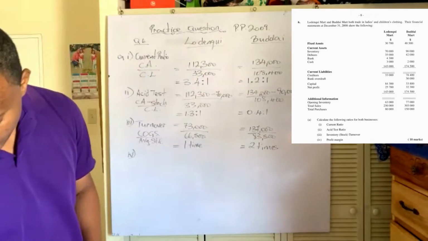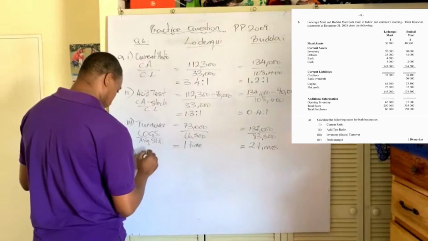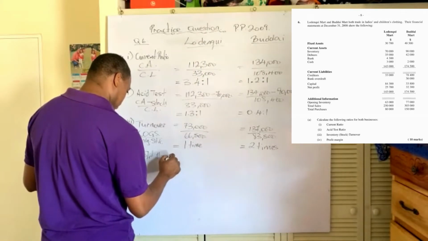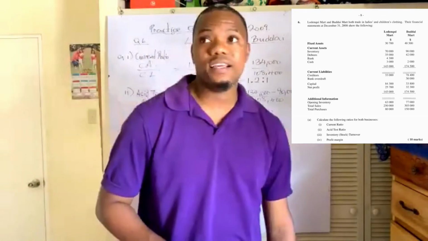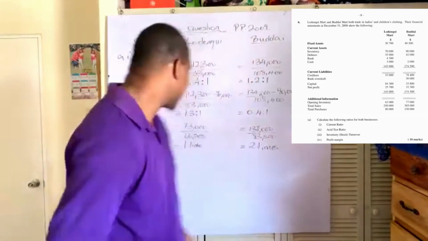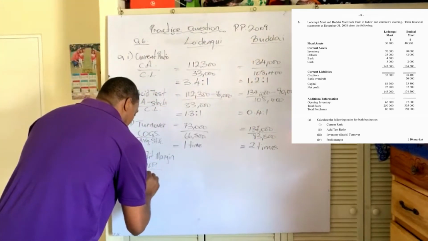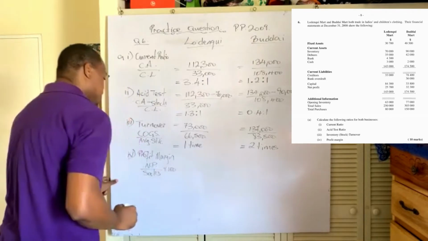The last ratio now is profit margin. The profit margin is the same thing as the net profit to sales ratio. So the formula is net profit divided by sales multiplied by 100.